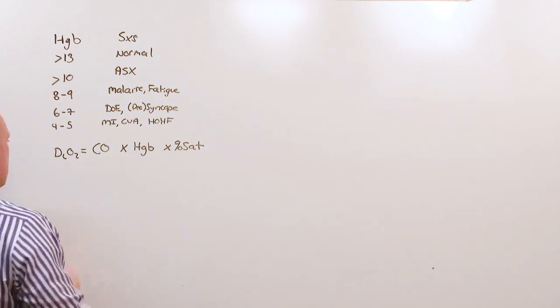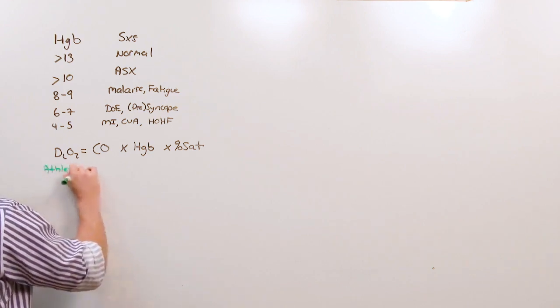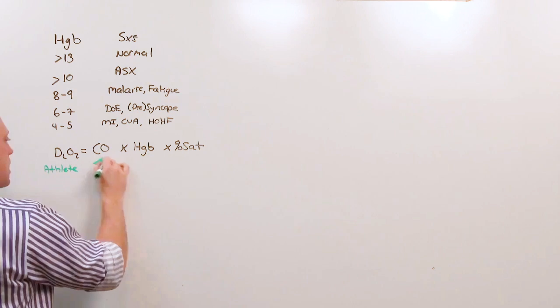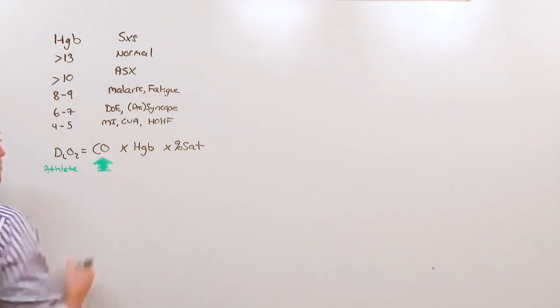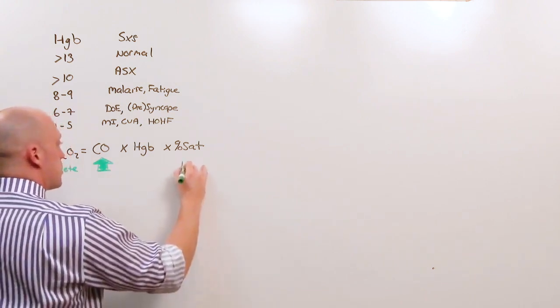If you take an advanced athlete, a marathon runner, their cardiac output at baseline is quite elevated. In fact, the resting heart rate may be near 40. They likely have good lungs, so they sat at 100%.